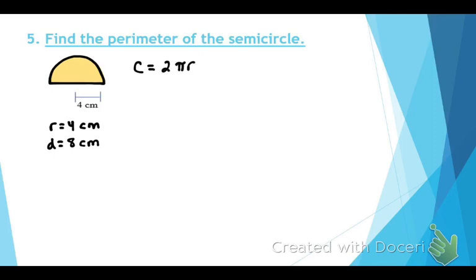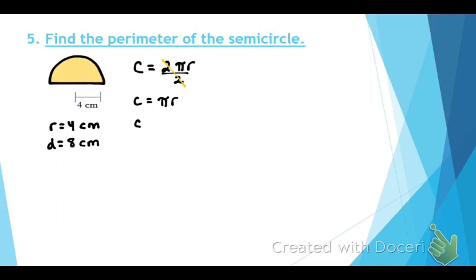Because it gave us the radius, we're going to start with the formula for that. But it's not a full circle, it's half a circle. So what should I do to that? Divide it by 2. Do you guys see anything that can cancel out? Yes, the 2's can cancel out. So I'm left with just C equals pi times r.